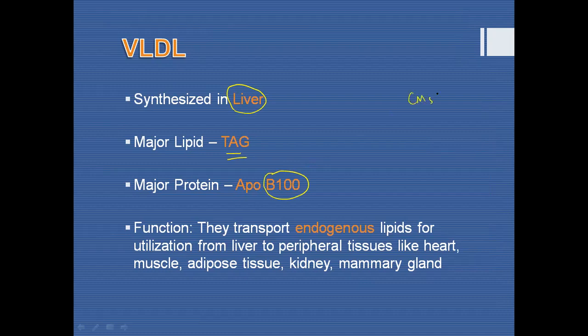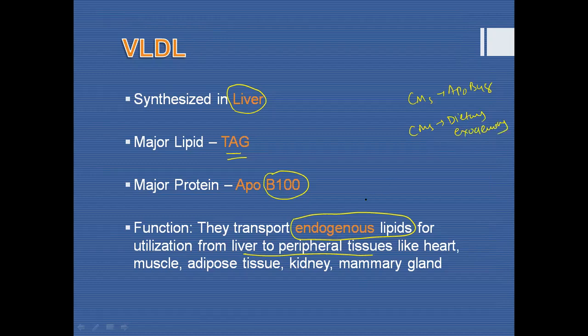In chylomicrons, it was ApoB48. The major difference here will be in the function, that VLDL is associated with the transportation of endogenous lipid from liver to peripheral tissues. In chylomicron, it was dietary lipids, that is exogenous.